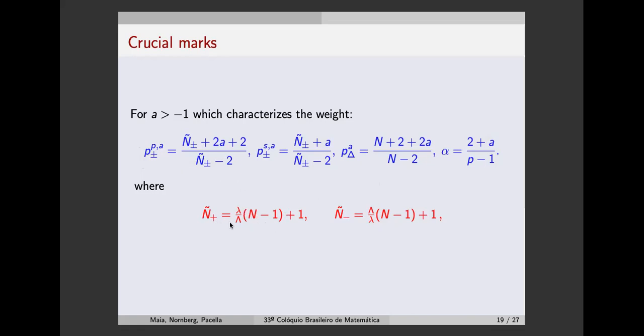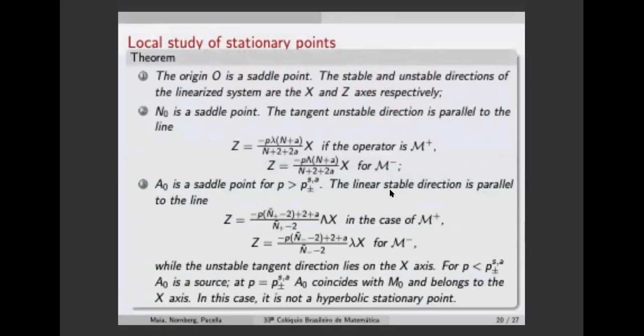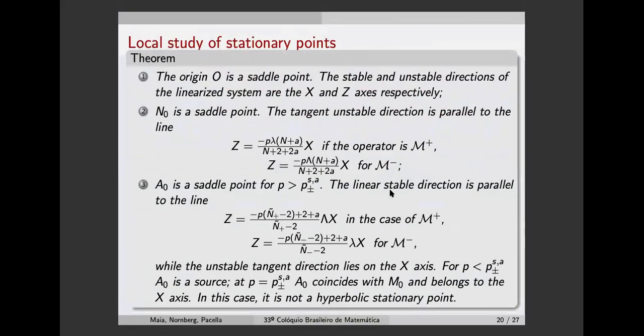Again, the dimension-like numbers appear to define these P numbers. We are going to see how they come into play. A theorem about these stationary points, the local study. The origin is a saddle point.